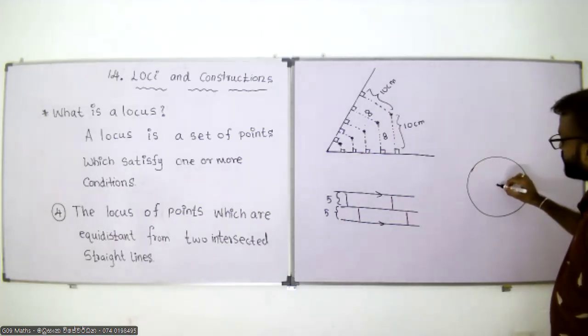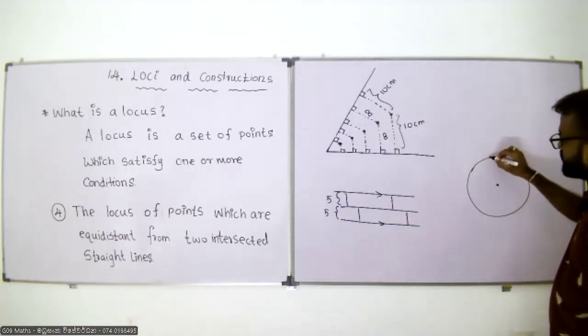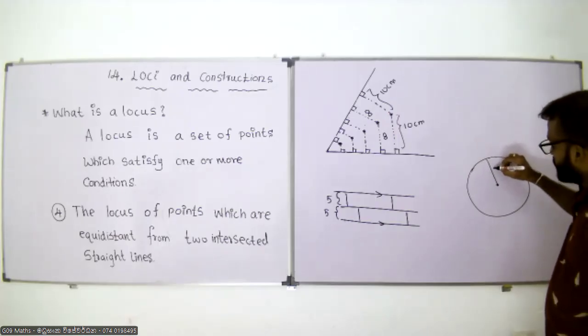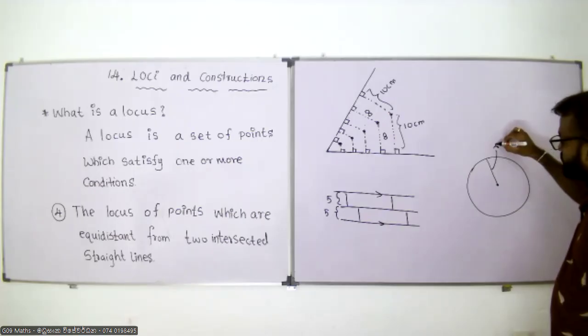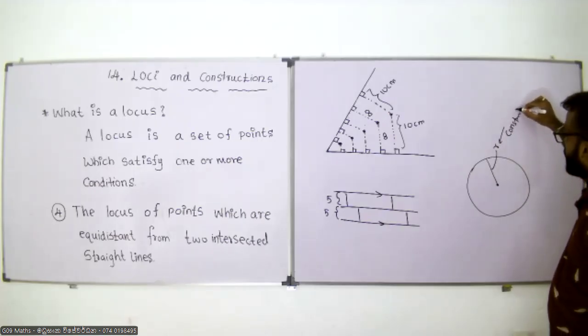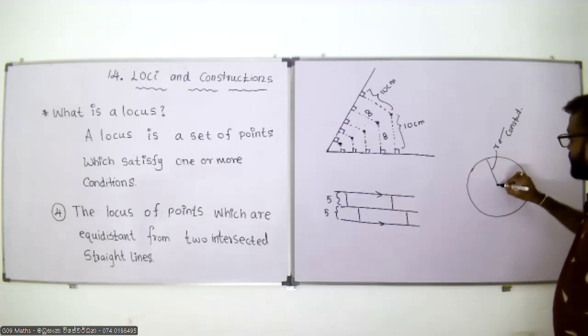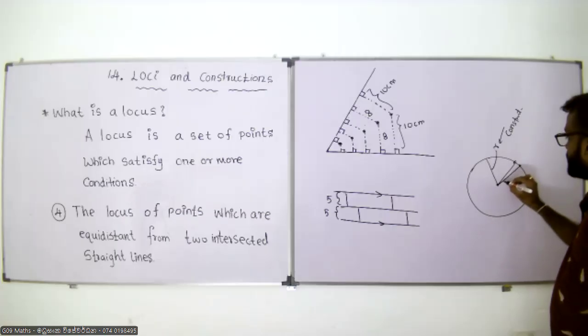And also, when you consider the locus circle, from the center to the circumference, this is called the radius, and this distance is constant. But for each and every point, you have the equal distance.